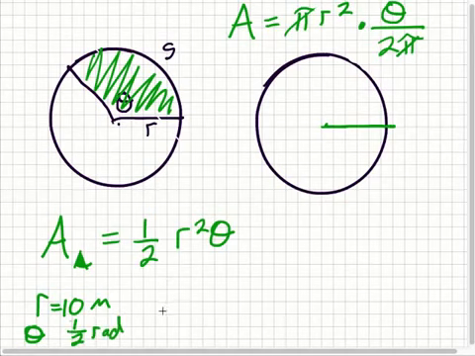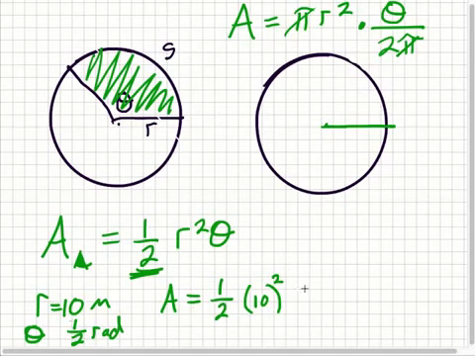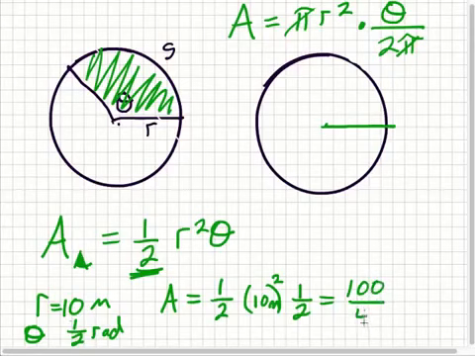Well, my formula says the area is equal to 1/2, because that's part of the formula, times the radius squared, so 10 squared, and then we multiply that by the angle, which is 1/2 radian. Now the 10 is in meters. When we multiply this out, we get 100 divided by 4, which is 25 meters squared. Don't forget your units.